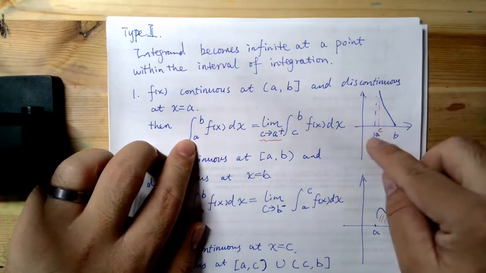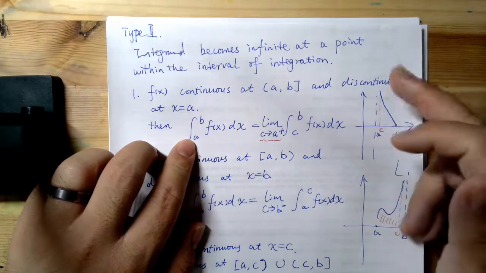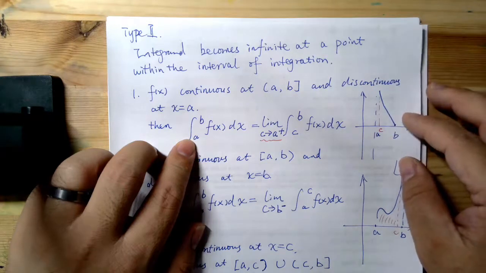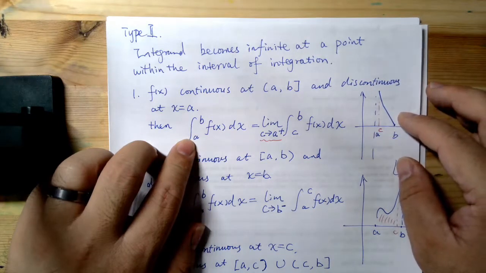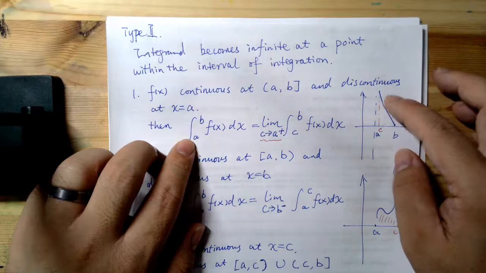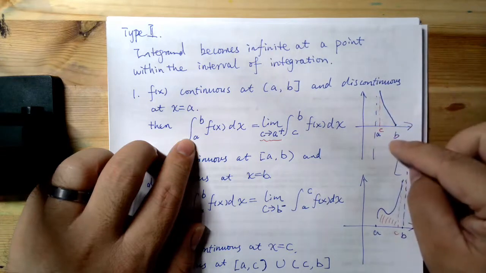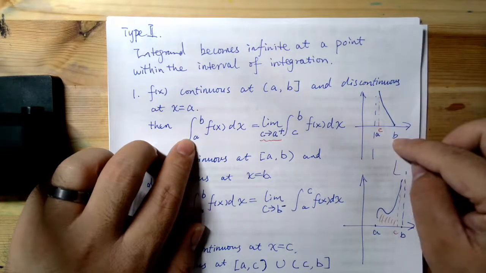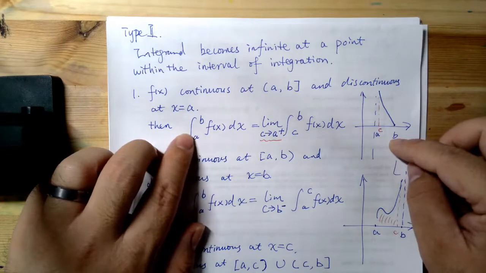You see this a is a vertical asymptote. If you're trying to calculate the area between the curve from a to b, you construct this integral in this way.